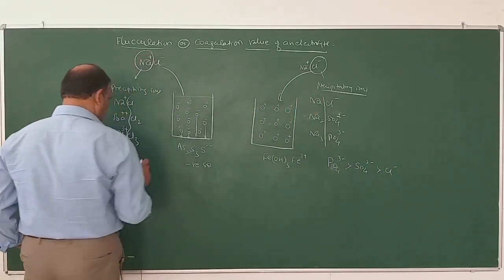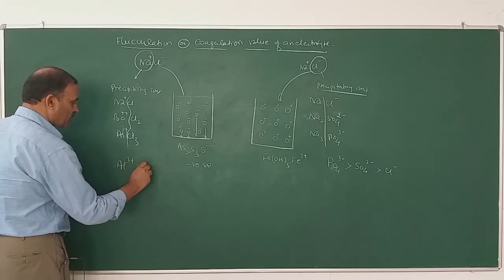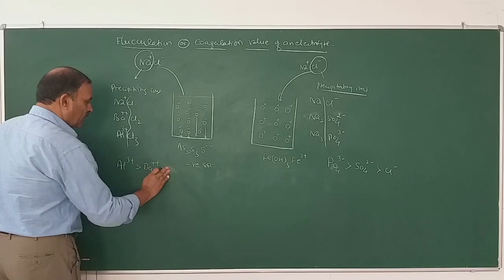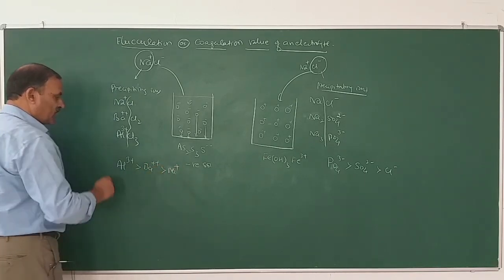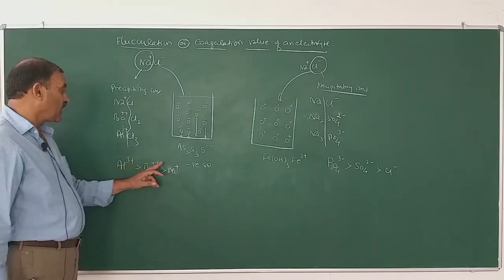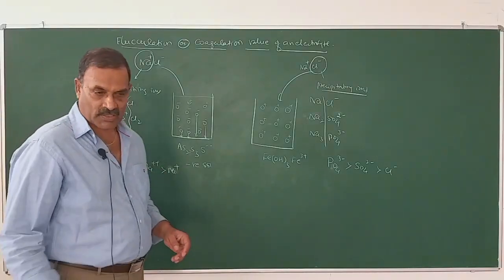Here also the precipitating power of Al3 plus is greater than Ba2 plus, which is greater than Na plus. So this is the Hardy-Schulze rule: the higher the valency of the precipitating ion, the higher is its precipitating power.